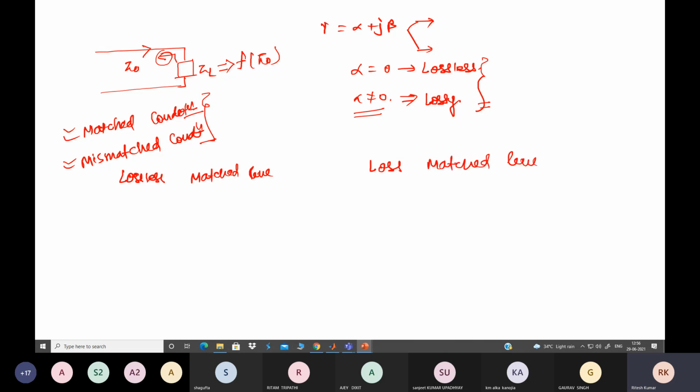And another two can be lossless mismatched line and lossy mismatched line. So first we see how the wave we can draw for matched line.